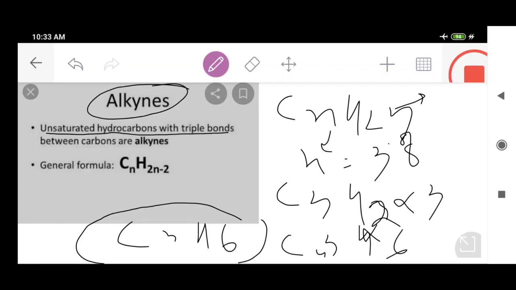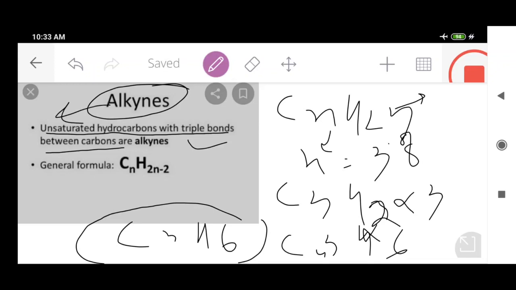Unsaturated hydrocarbons with triple bonds between carbons are called alkynes. Whenever you see alkynes, keep in mind that these are compounds containing carbon-carbon triple bonds.